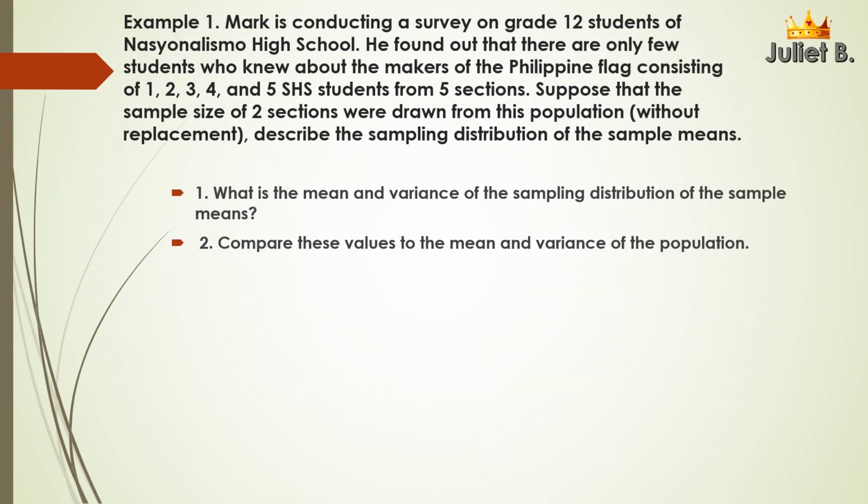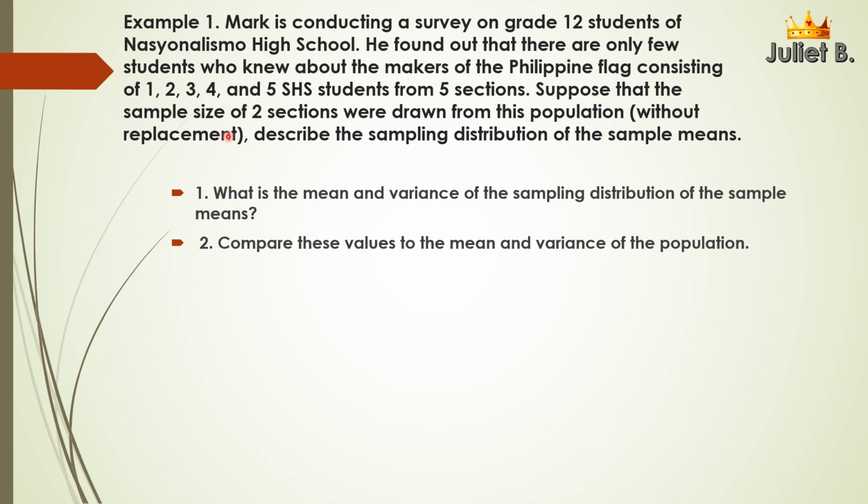To start with, let us have example number 1. Mark is conducting a survey on grade 12 students of Nacionalismo High School. He found out that there are only a few students who knew about the makers of the Philippine flag, consisting of 1, 2, 3, 4, and 5 senior high school students from 5 sections.